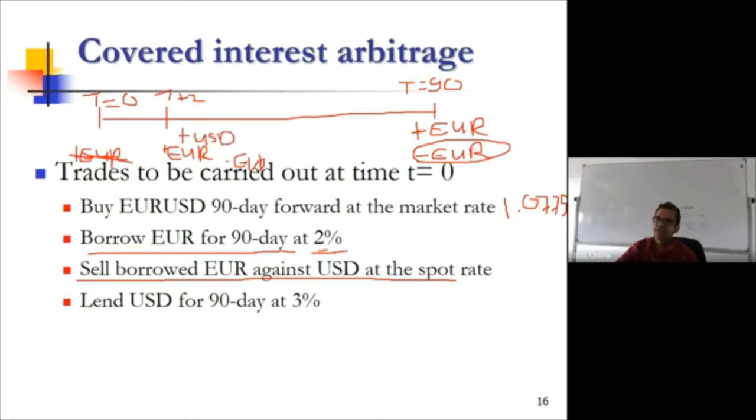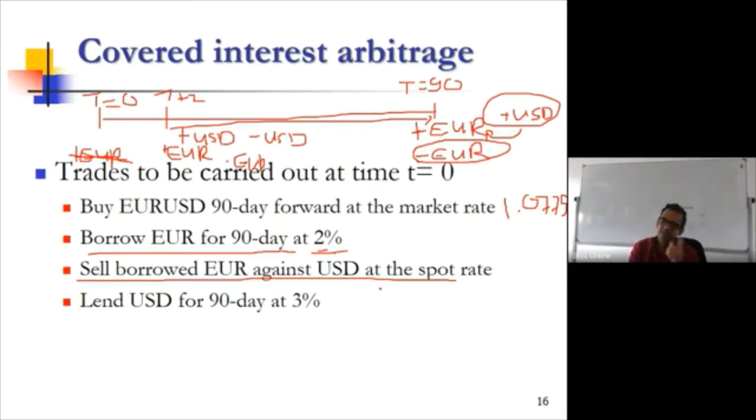What do you do? You lend those dollars for a 90-day period. Then you will get a plus USD here, minus USD here. This plus USD you can use to buy this euro. That's what you do. You cover all your positions, making it 0 net balance.